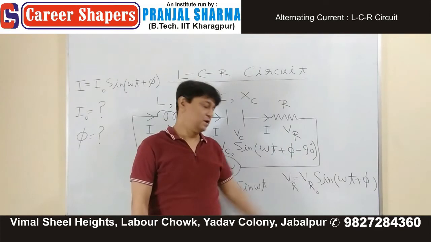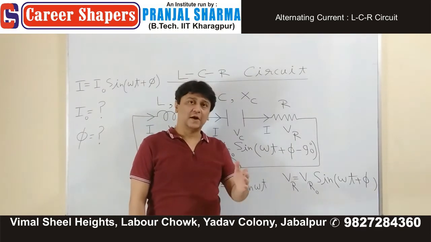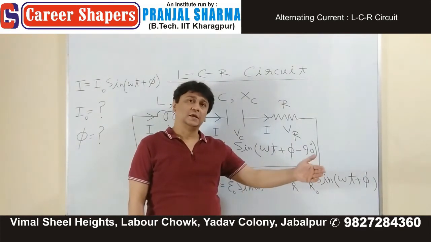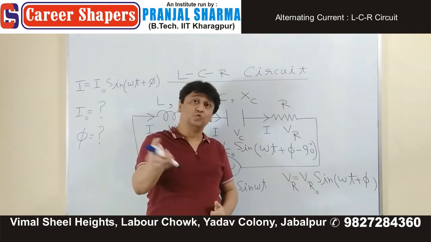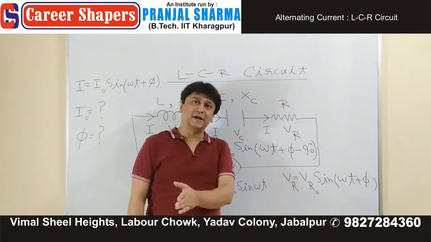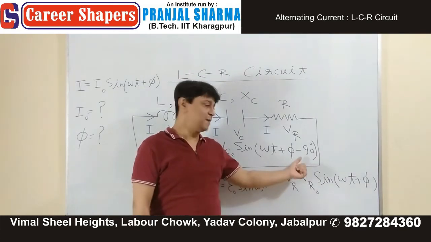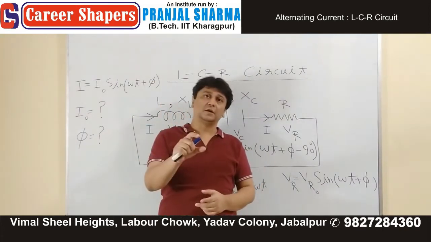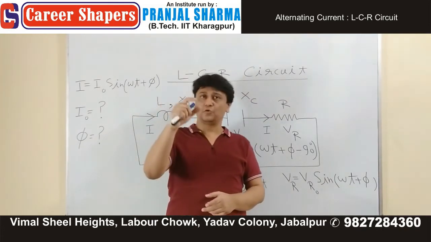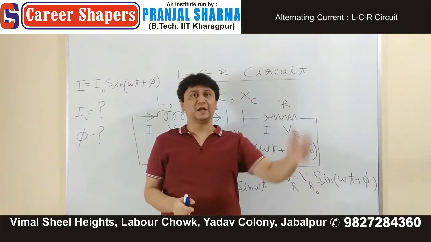That's how you complete this part. So if I say that I leads by 90 degree, that means V lags behind by 90 degree. And that's what is happening. If you have the value of V, if you know the phase of V, then add 90 and you will get what?